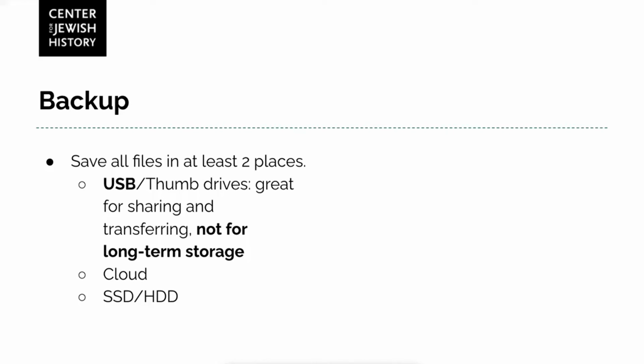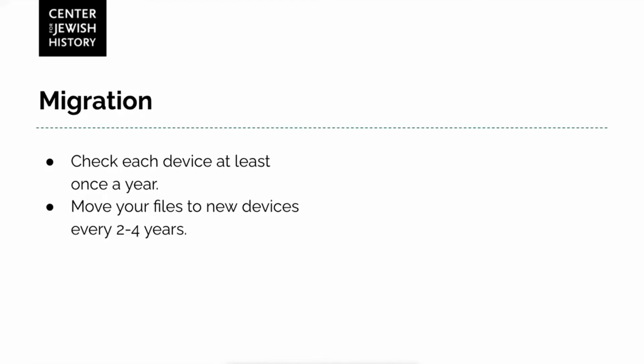And of course, you can save your files on solid-state drives or traditional hard disk drives. As far as migration goes, solid state drives generally require more frequent checks and do not have as long of a lifespan as traditional hard disk drives. So you'll definitely want to check these at least once a year. You don't have to check every single file though.